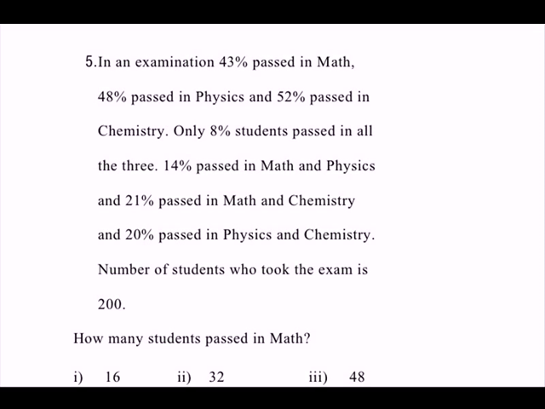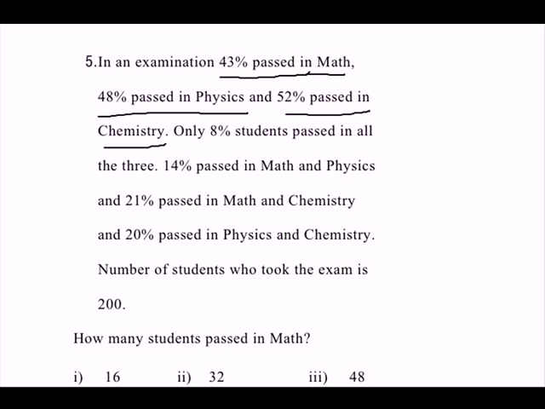Here this is slightly more complex than the ones we've discussed before, but using the same concepts. So let's have a look at what the problem says. In an exam, 43% passed in math, 48% in physics, and 52% in chemistry.